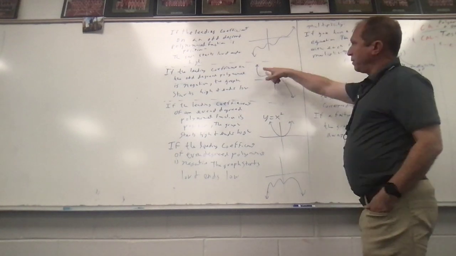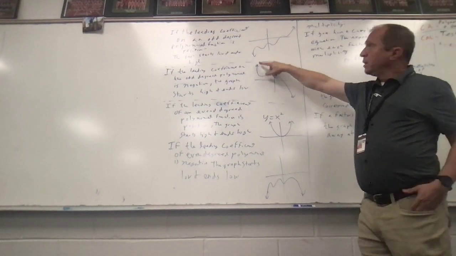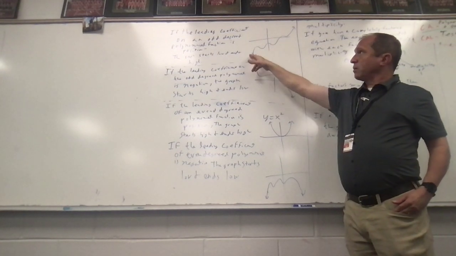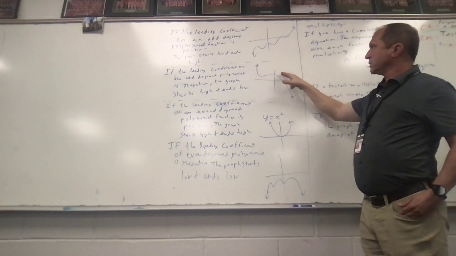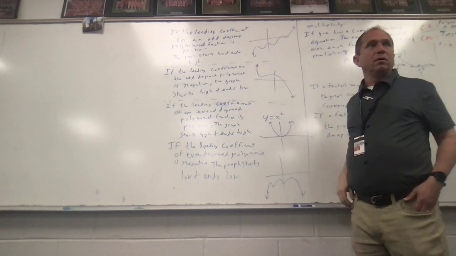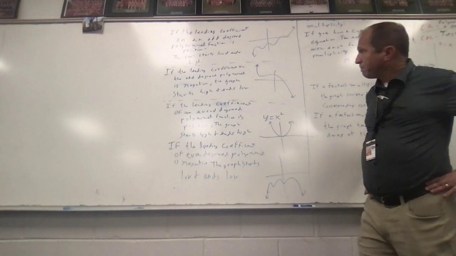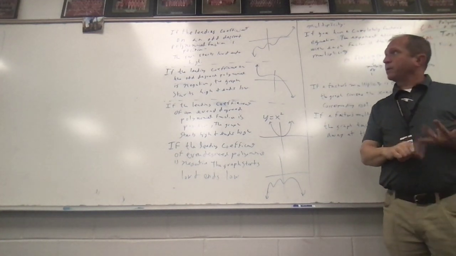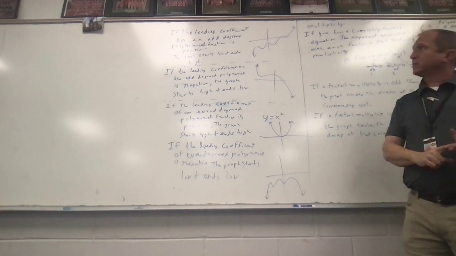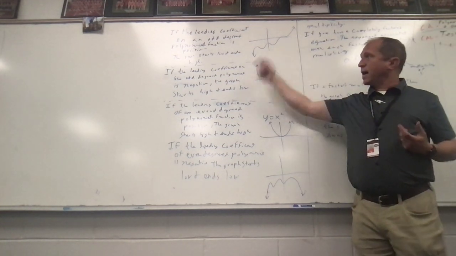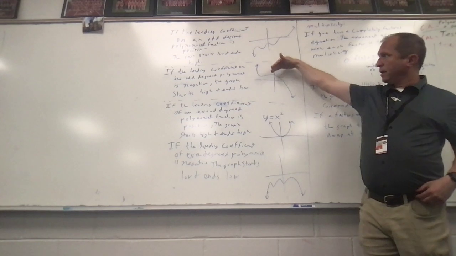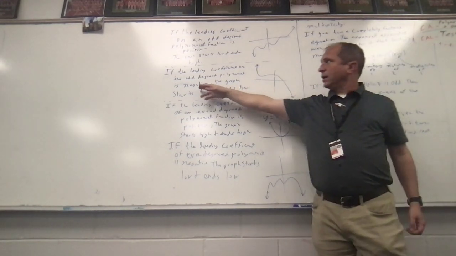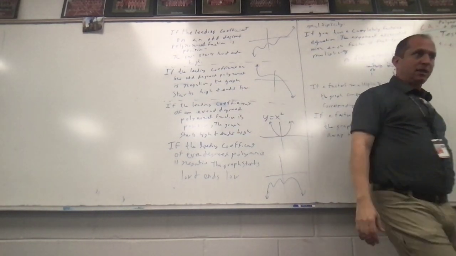I draw an example, arrows going up, which indicates that it starts up here and it comes down and then it ends low. So the leading coefficient on an odd degree polynomial is positive, it starts low, ends high; starts high and ends low if that leading coefficient is negative.